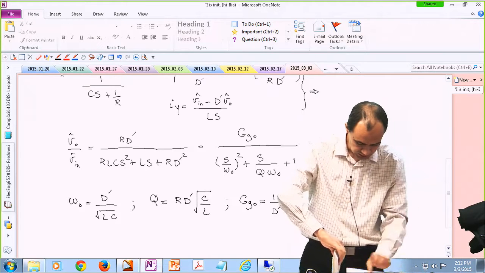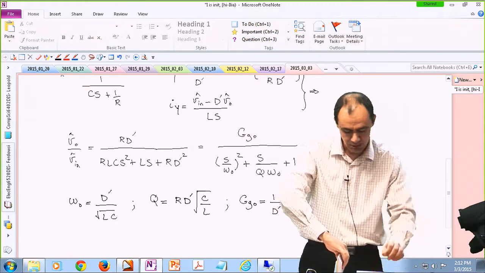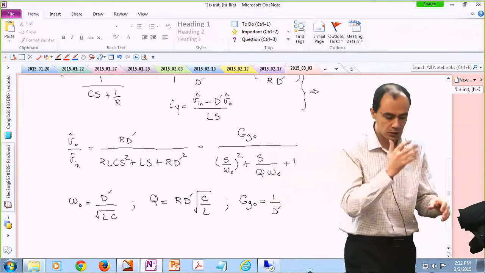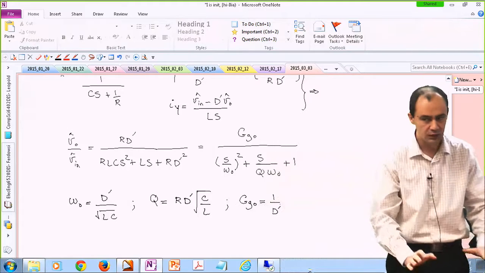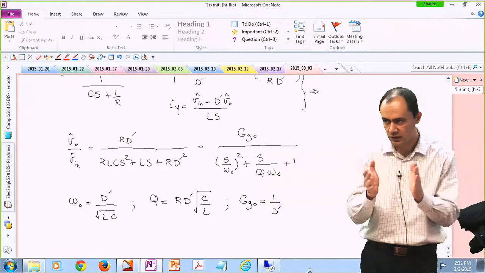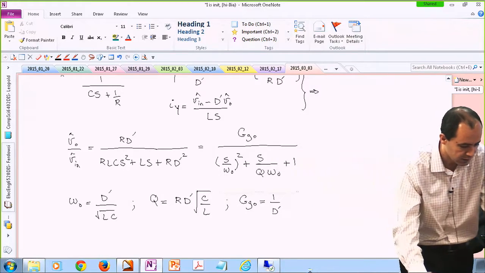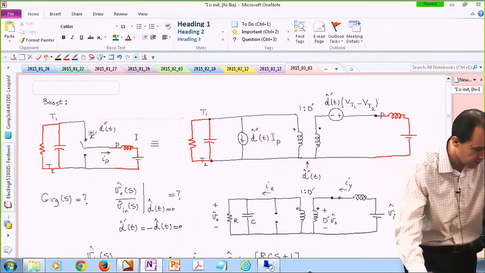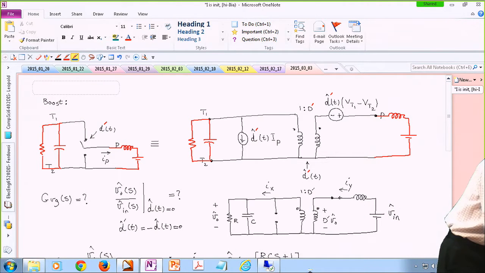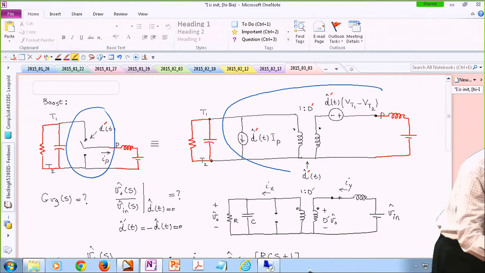So as I said earlier, as we started, this is the only procedure that I'm going to accept from you. Do not follow the procedure that comes in Erickson's book, or do not start with the original equations of the boost or the buck boost or whatever converter it is, and do not perturb them. So the whole objective is identify a single pole double throw switch in your power converter and then replace it with this network.